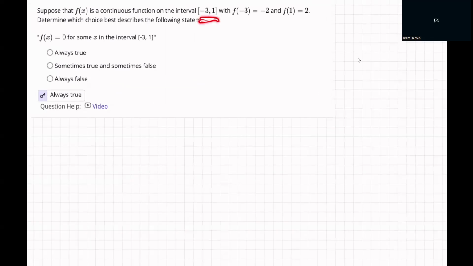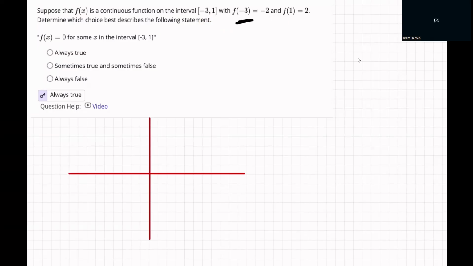Now, all this might look like so much mumbo jumbo. What are they talking about? Let me clarify. Let's do a little graph thing, and I think it'll be clear. Look at what they're saying. They're saying f of -3 is -2. Remember, this is the x and this is the y, right?